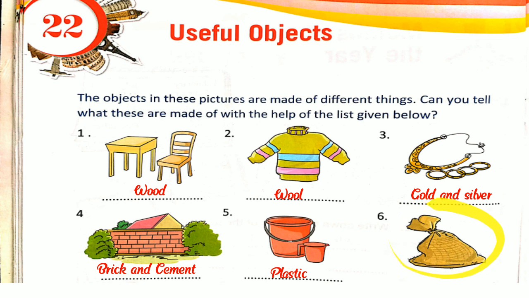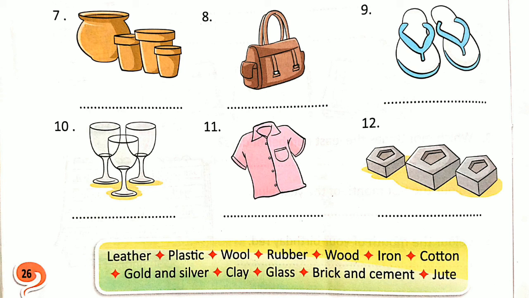What is this object? Yes, it's jute. Okay, now next, what is this? Which is this object? It's clay. Now number eight, purse. It's a leather object.